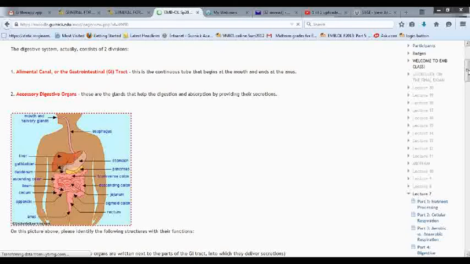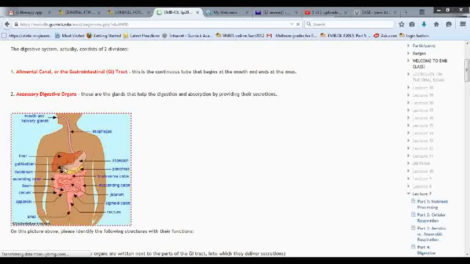So what you need to know about the digestive system is that we can break up the whole digestive system into 2 major parts. One is the tube, as I call it, the tube or alimentary canal, that's another word for it, also known as the gastrointestinal tract. It's just a continuous tube that starts in your mouth and goes on down and becomes the stomach.